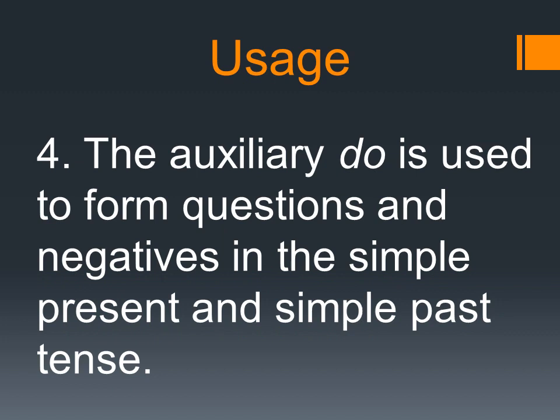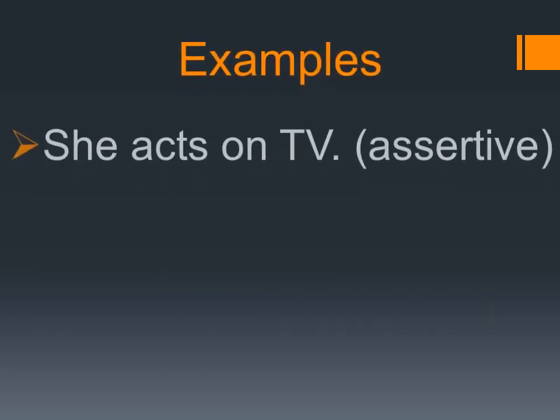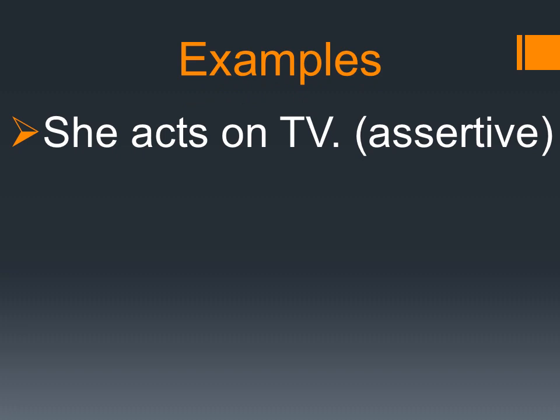Number 4, use of auxiliaries: the auxiliary do, meaning do, did, does, is used to form questions and negatives in the simple present and simple past tense. For example, she acts on TV.